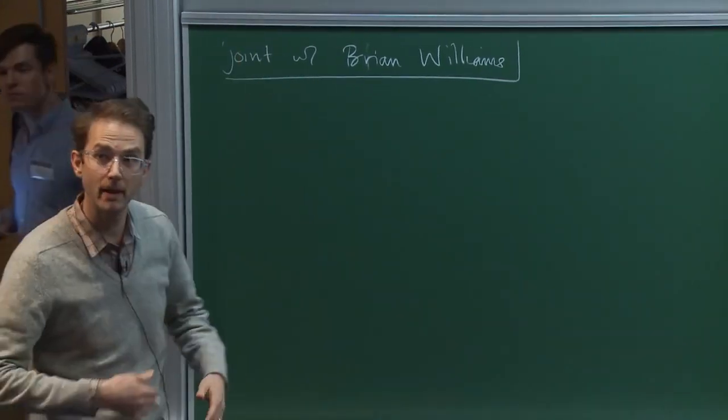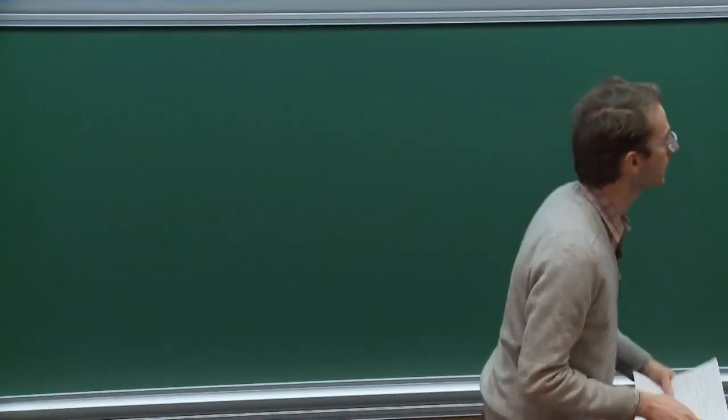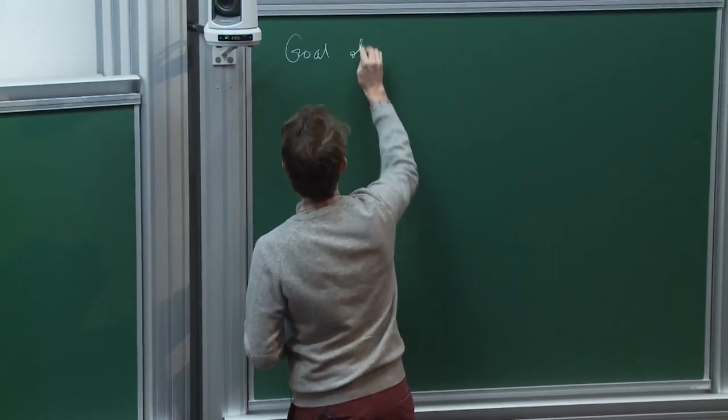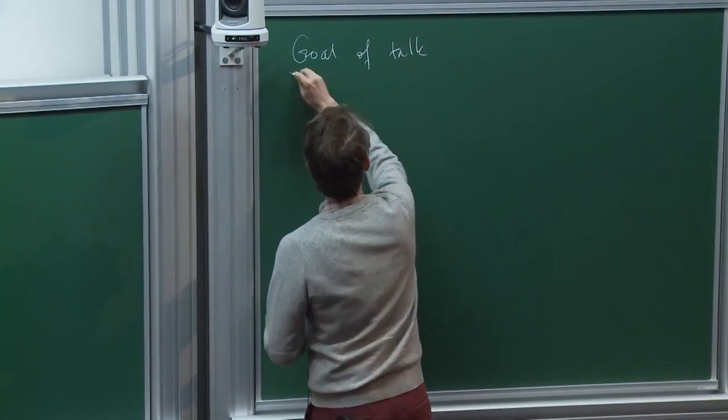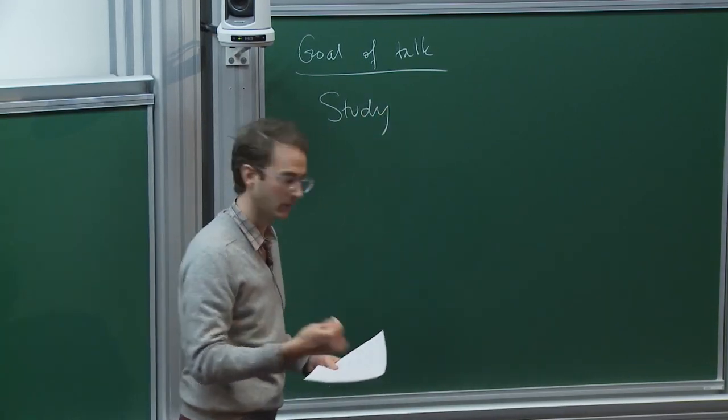So this talk will be about, maybe I should just write over here the summary, the goal of the talk. And the talk will be aimed at explaining what the terms mean.